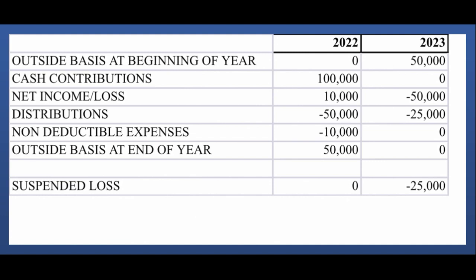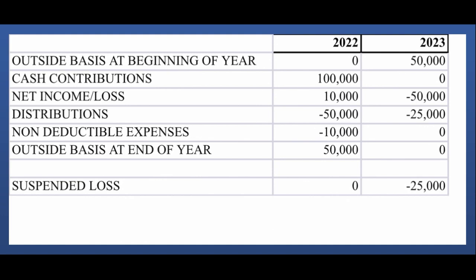Well, I decided to take distributions of $50,000. So I took $50,000 out. I only pay tax on my $10,000 of net income. So I'm taking out my $10,000 of net income and $40,000 of my original cash contributions. But we also had non-deductible expenses, so let's say that was donations, entertainment, things that we didn't get to deduct on our tax return.